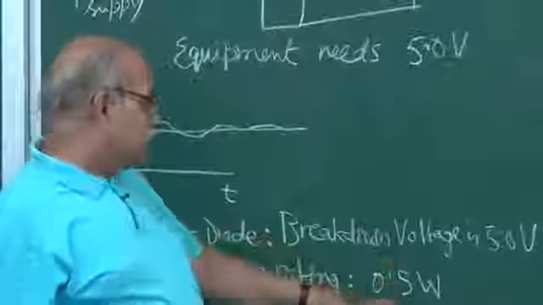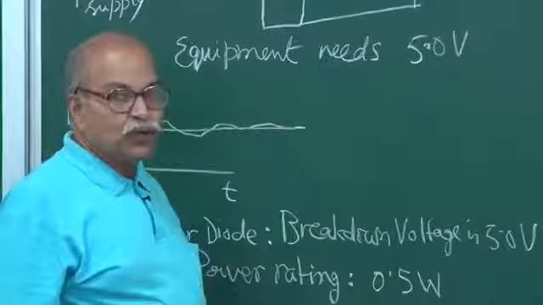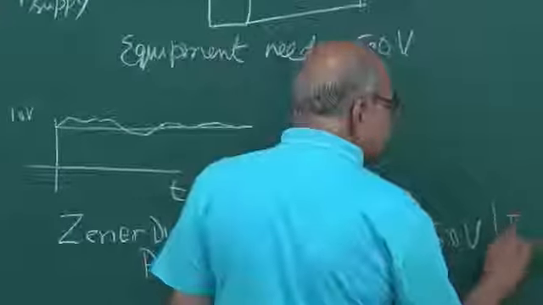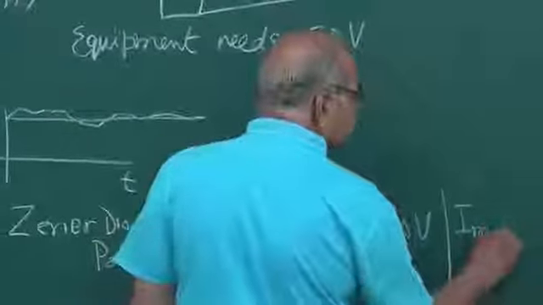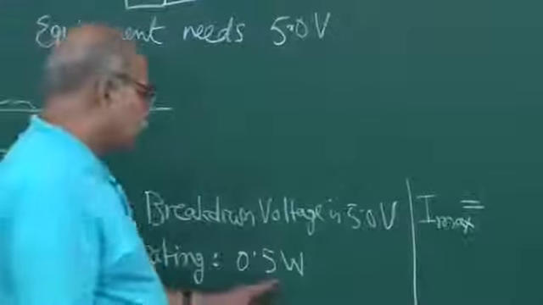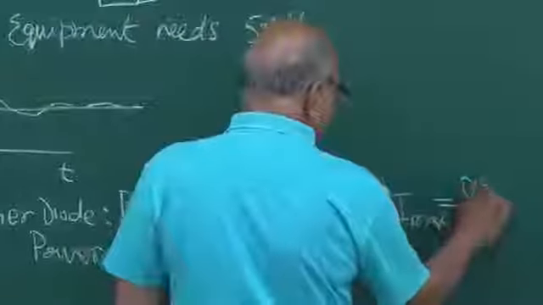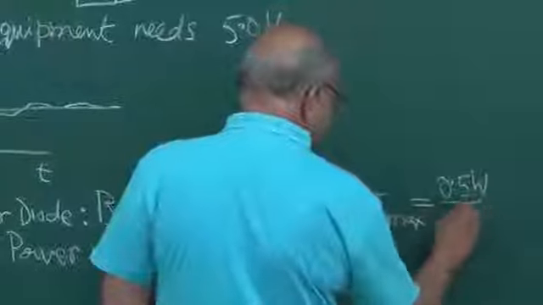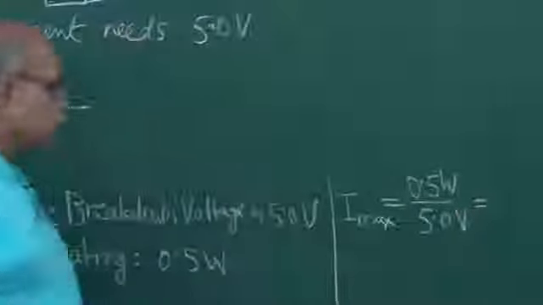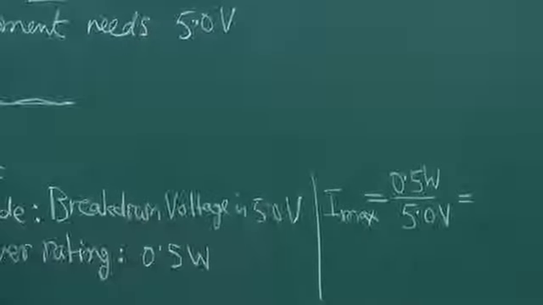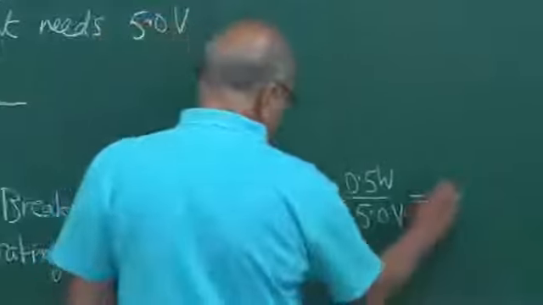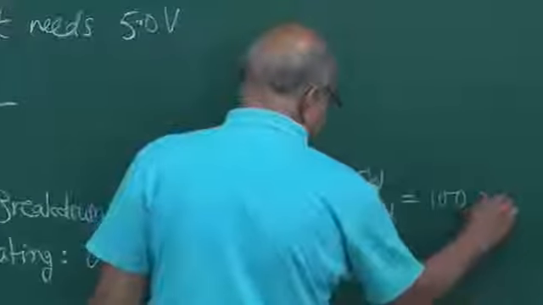Suppose for my Zener the power rating is 0.5 watt. What does that mean? That means the maximum current which can go through this Zener is what? V into I is power. So it should be 0.5 watt divided by 5.0 volts. That should be the maximum current, and that is 0.1 ampere or 100 milliampere.